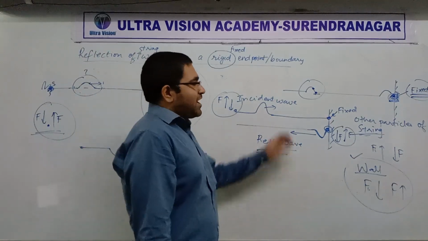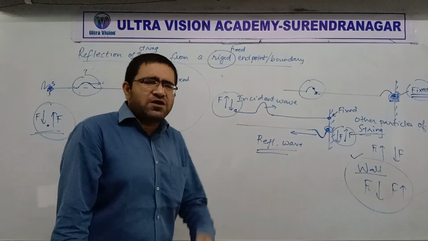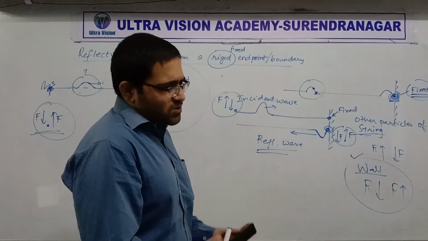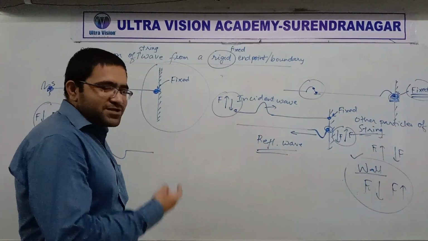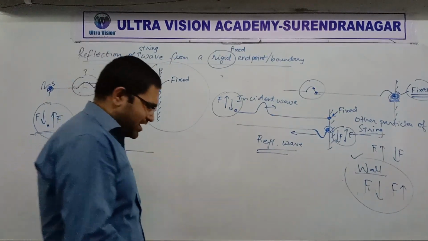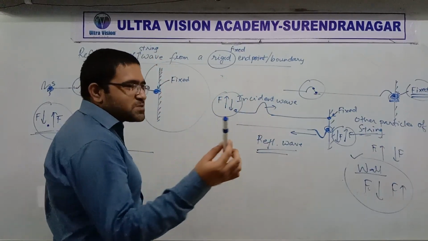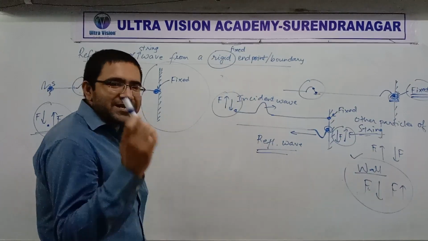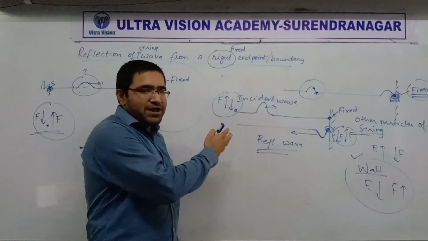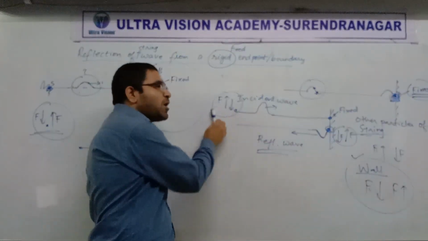How is the wall reflecting? The idea is simple. What is the meaning of reflecting? Have a look. This is reflecting. Whenever something moves towards a surface, it hits there, forces are applied, and it bounces back.